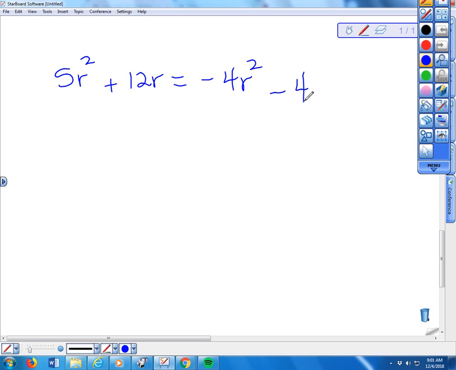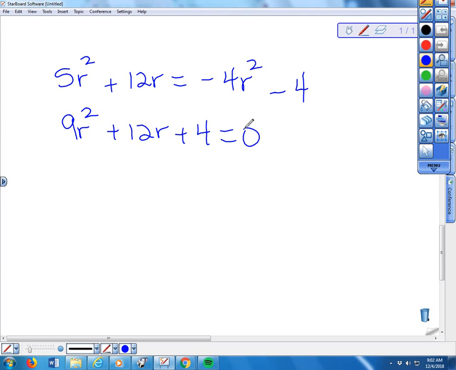First thing I need to do, because it's a quadratic, is get everything to one side and set it equal to 0. It's always how I begin. So if I add 4r squared, I get 9r squared. If I add 4, I get this. Now several of you use the bottoms-up method. Perfectly fine, but in section 2 I went through some shortcuts, some pattern methods.